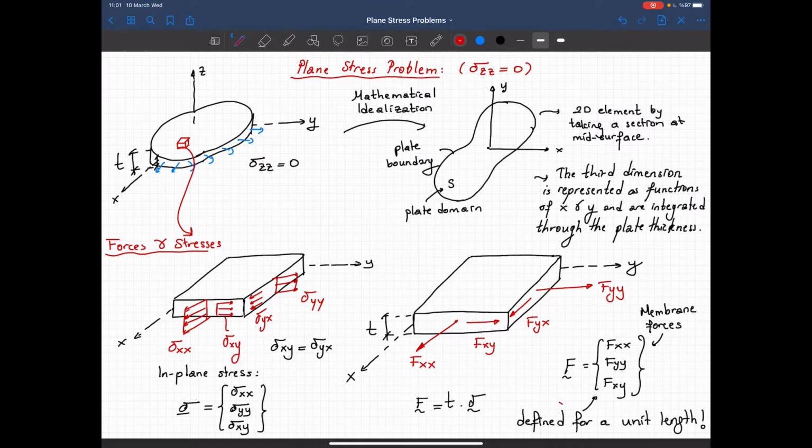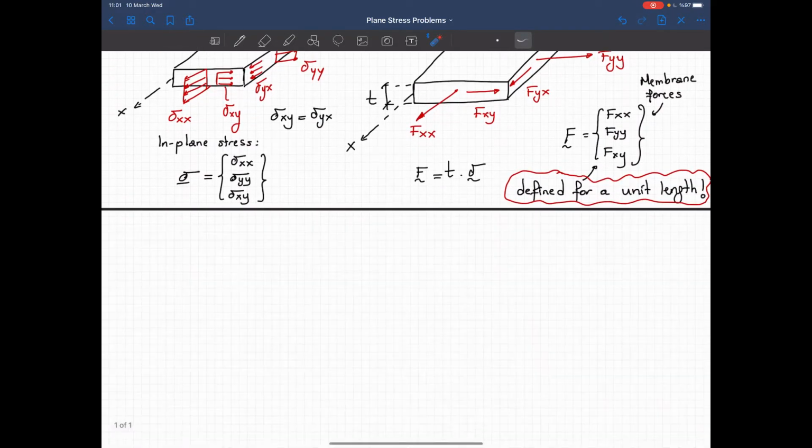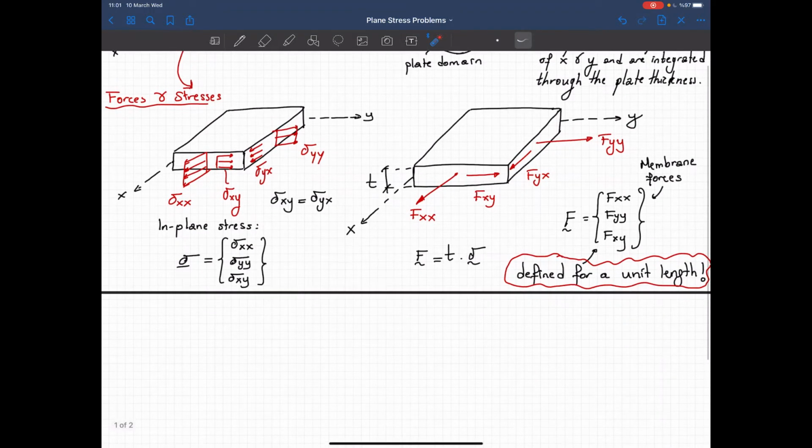That's very important. You cannot just directly use these forces to design a structure. You have to take a tributary width and integrate those forces to get your design forces, because again, let me repeat one more time, these forces are defined for a unit length. So these are the force side. Now let's take a look at the displacements.